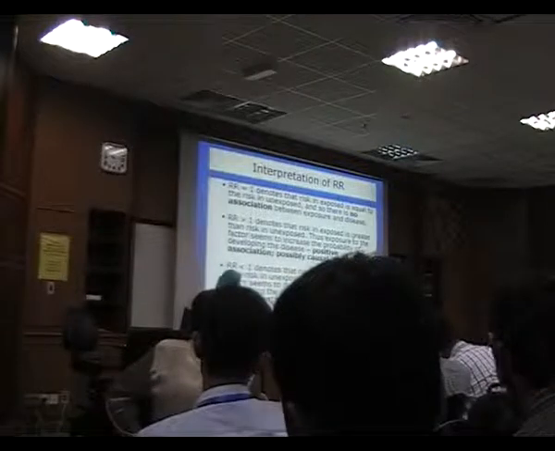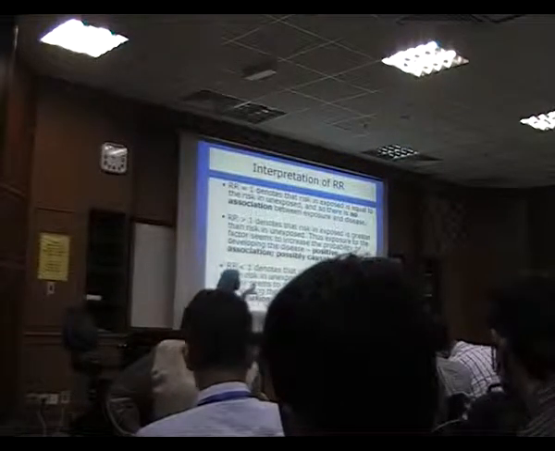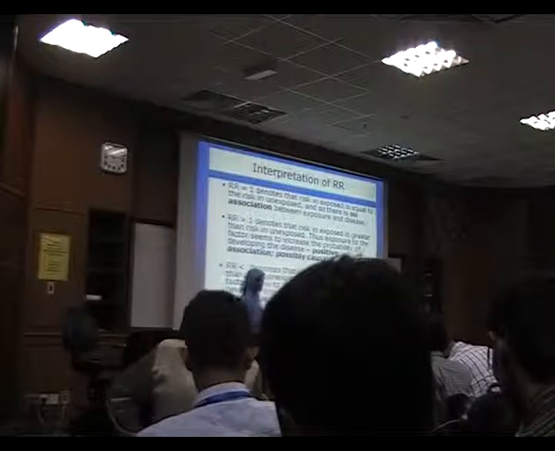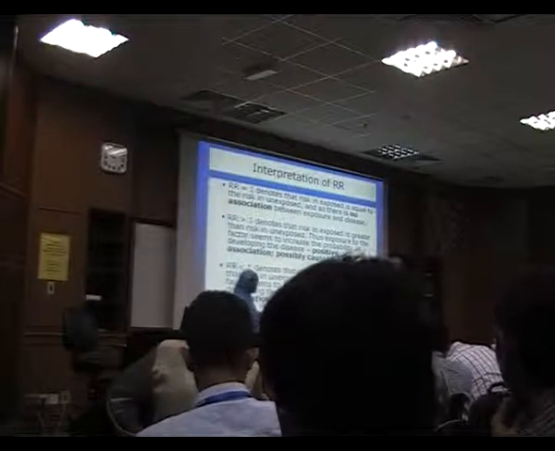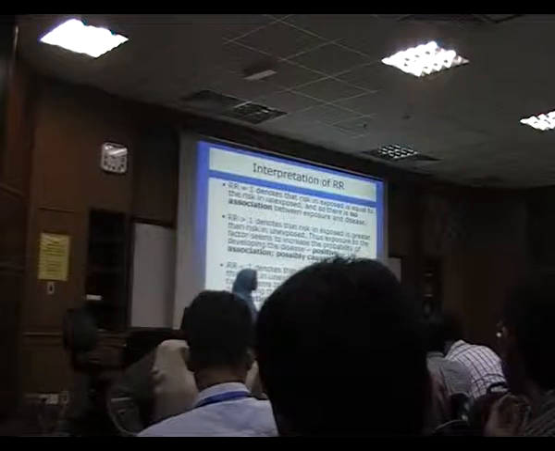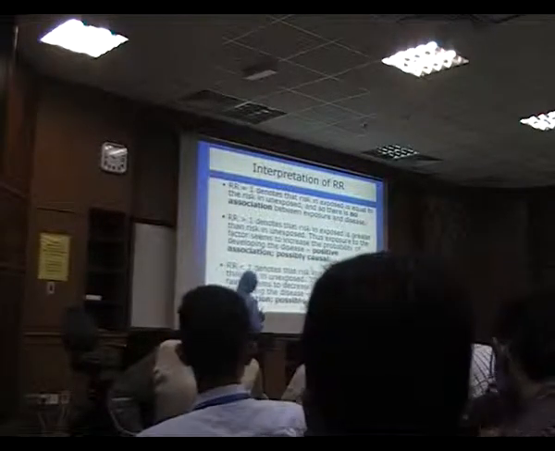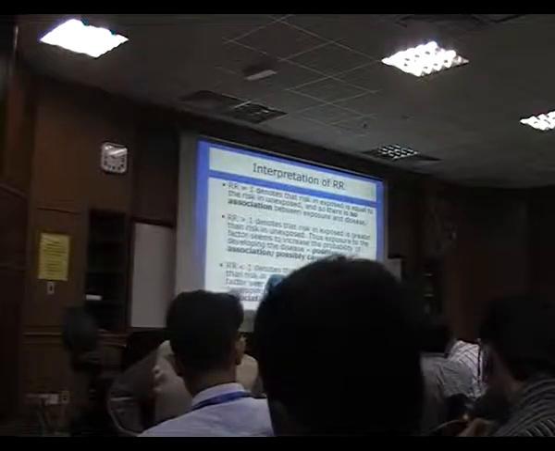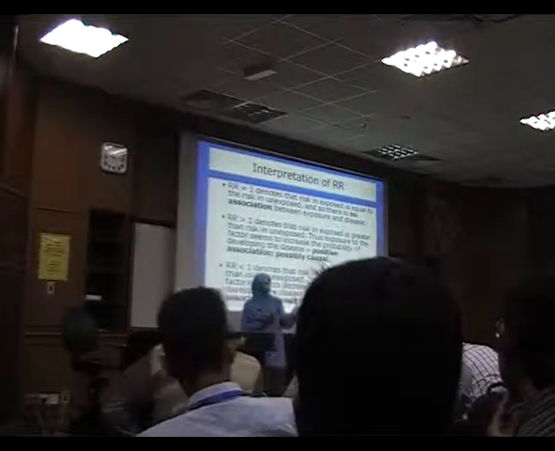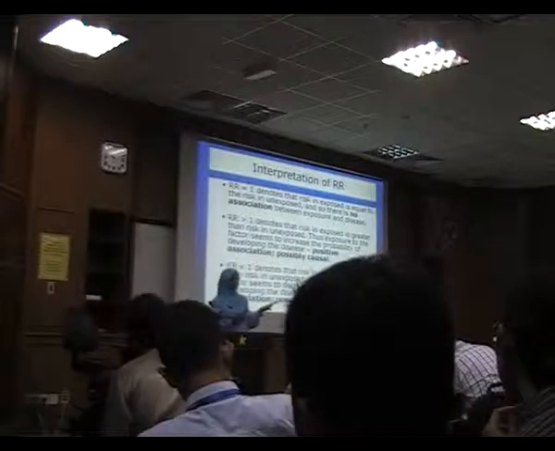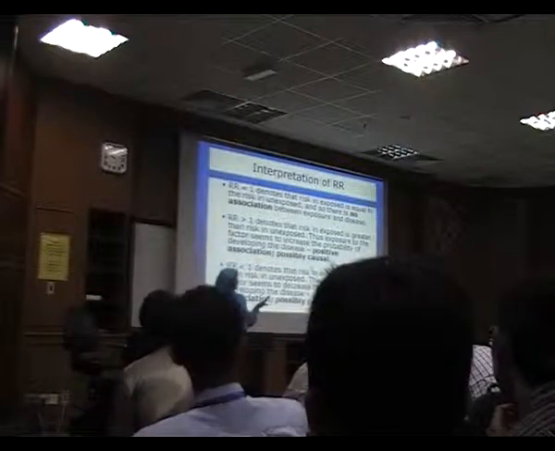And if it is less than 1, then the risk of developing disease in the exposed group is less than the risk in the unexposed group. So it is a negative association, and it is protective. Same here. Understand?